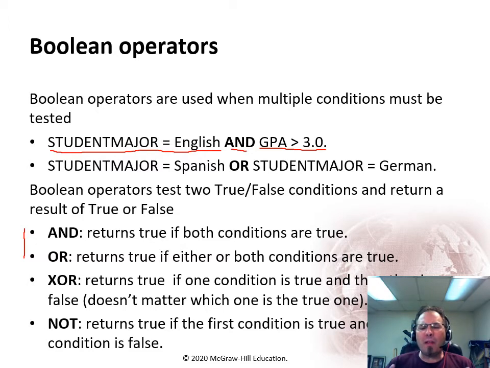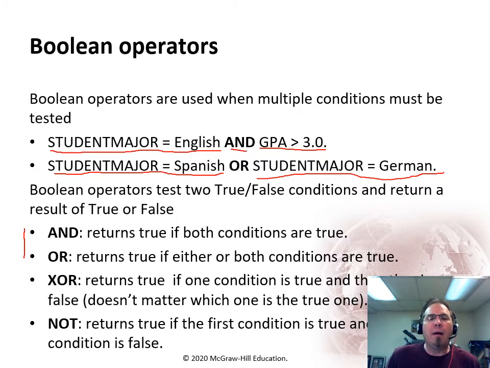One of the things that trips people up in the beginning is, do I use and or do I use or? If you look at the second example here, you'll see student major equals Spanish or student major equals English. There are a couple things I want you to notice about these examples. You have to repeat student major equals in SQL.